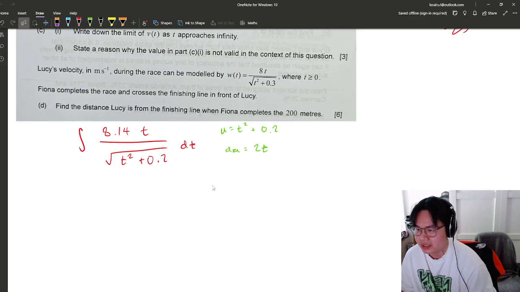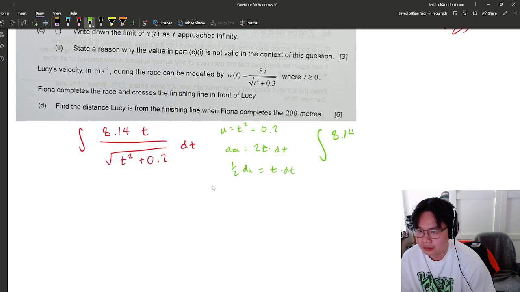Okay, and then that means that half of du is t dt. So then this integral is going to become 8.14 over 2 du over u to the 1/2, or root u.